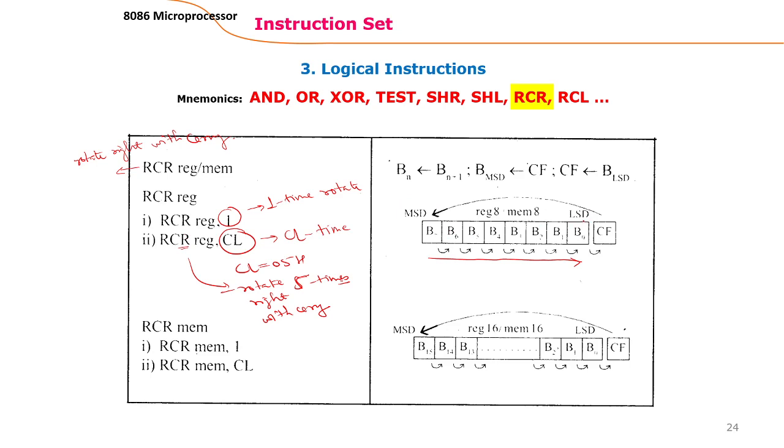So the LSD bit will go to the carry flag, and this carry flag will now come to the MSD side, and the MSD will be rotated to the right side. This is how the right side rotation will be done. Similar is with respect to the memory content. This is how the rotation should be done, including the carry flag.